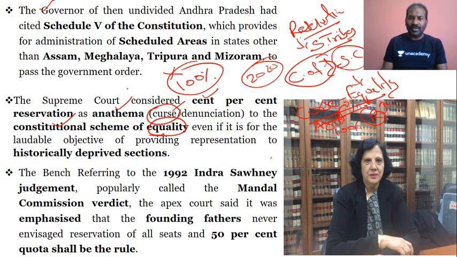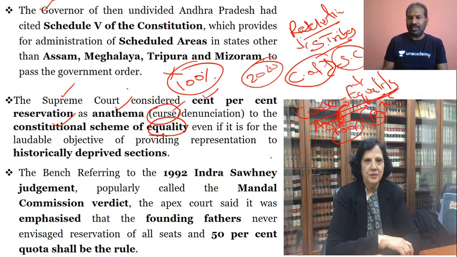Reservation has come into existence to create equality, to some extent and for some time. And when the reservation is taken up to 100%, it is again against equality. So that is what the Supreme Court has said, that giving 100% reservation is an anathema, a curse to the concept of equality.